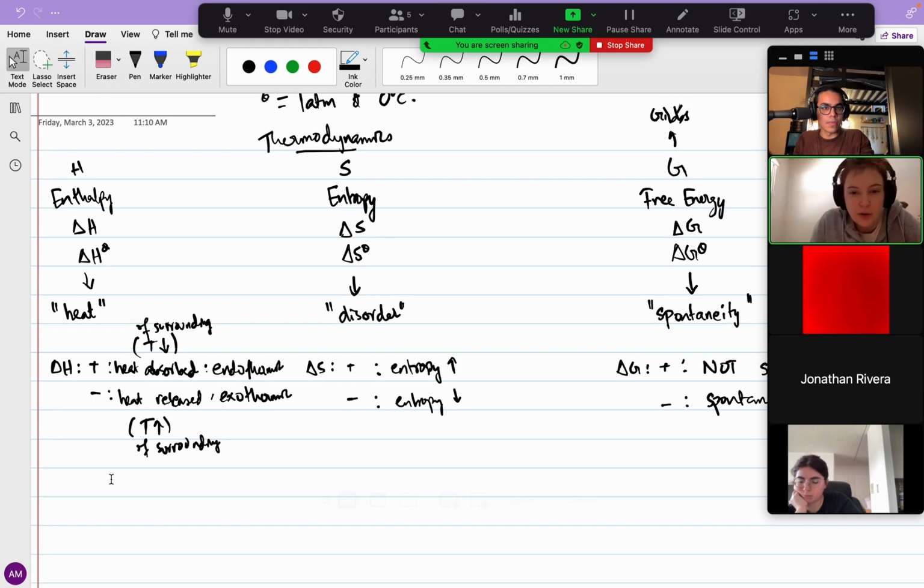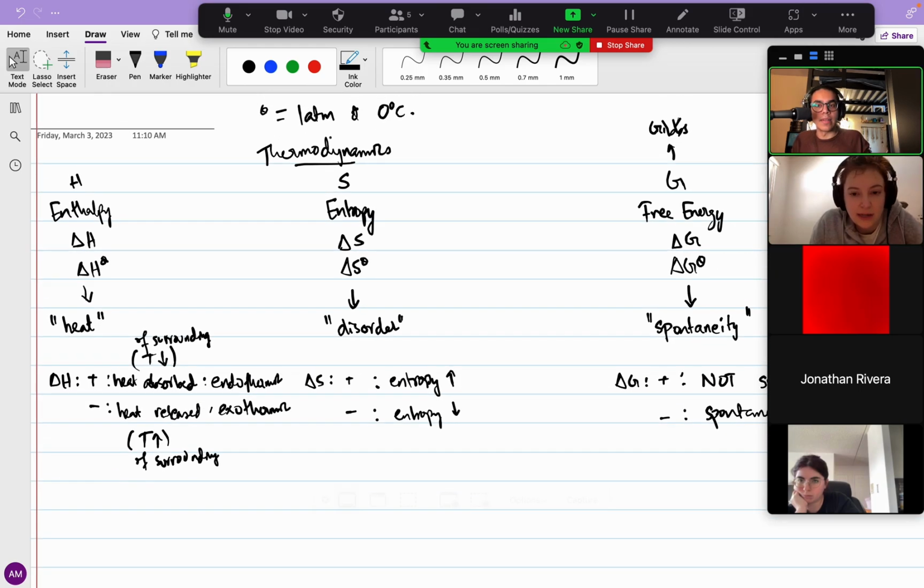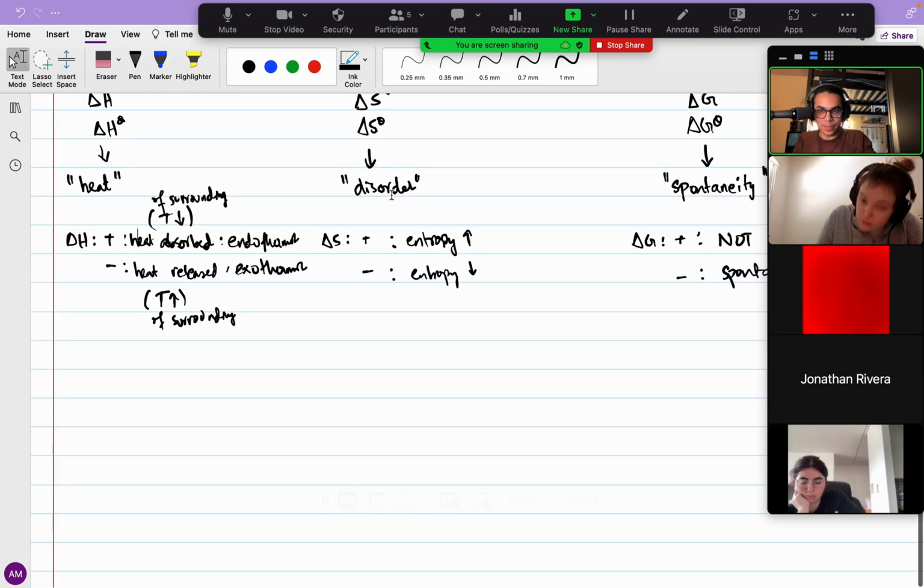And the other thing you wrote at the top, at 1 atm and 0 degrees Celsius? That's standard conditions in thermodynamics. Yeah, the key thing to remember is that in the next chapter it will be 25, not 0.